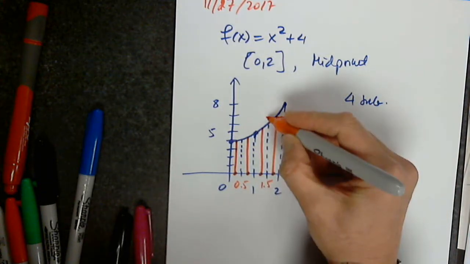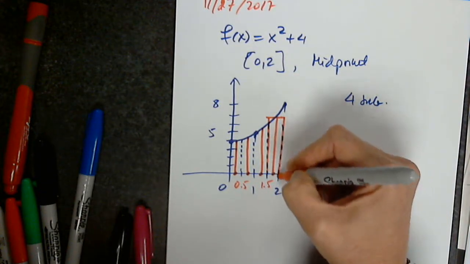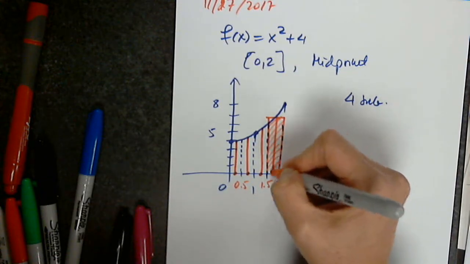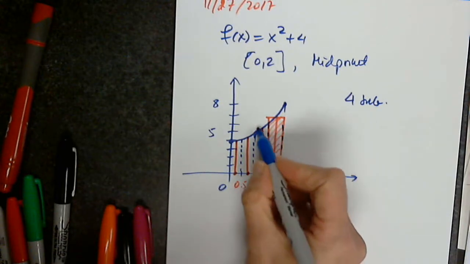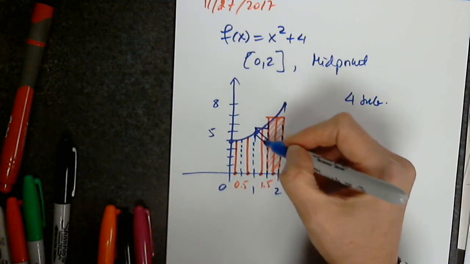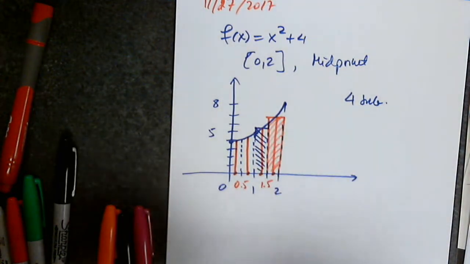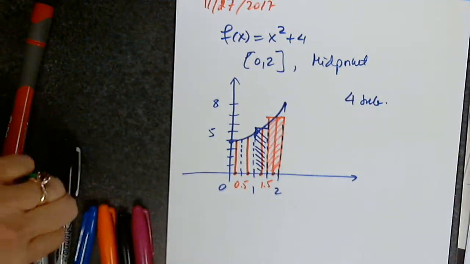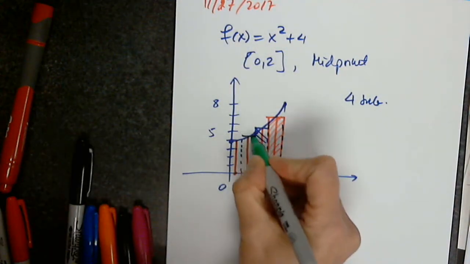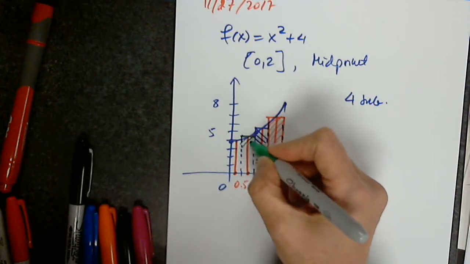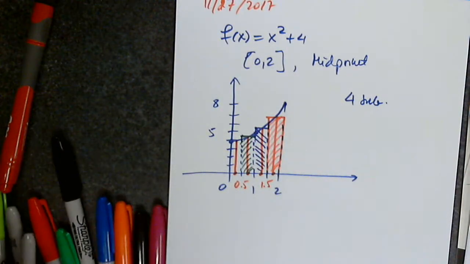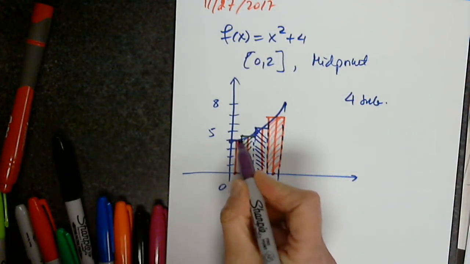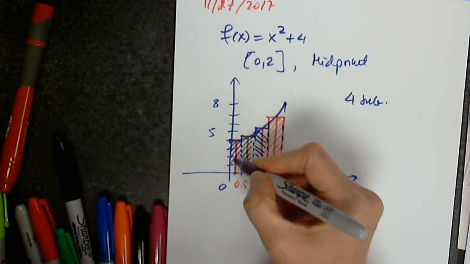Therefore, this will be the interval, or the area, I should say. This will be the height, in other words, this will be the area. And the last one, this will be the height, and this is the area.